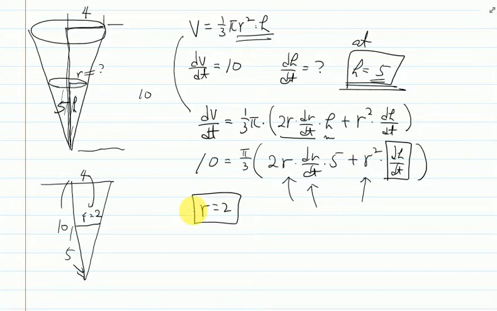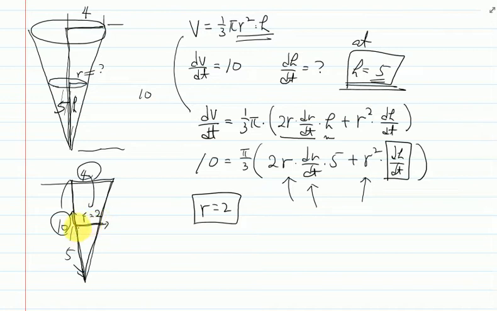Then what is dr/dt? At that moment, how much is r changing according to the change in h? That value for dr/dt comes from a different formula. Look at this big fixed triangle, where the ratio is 4 to 10.